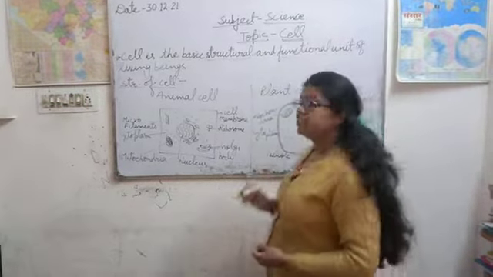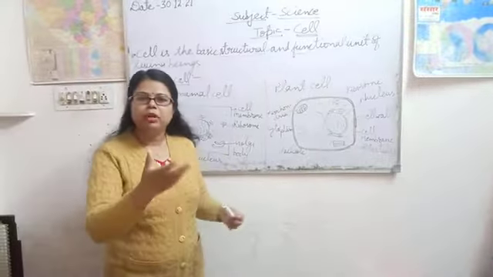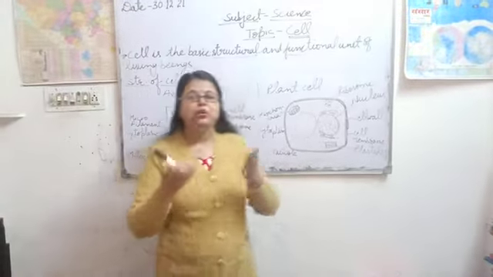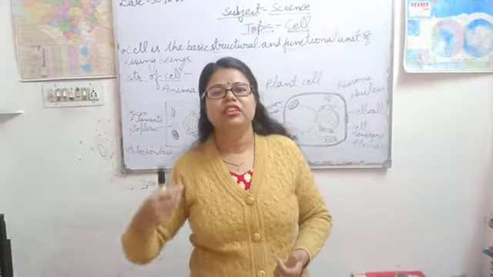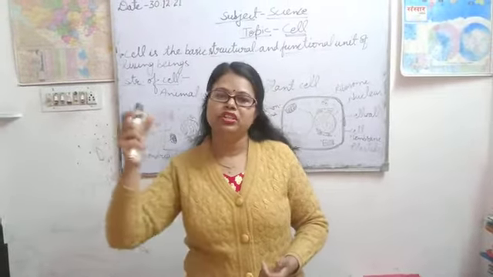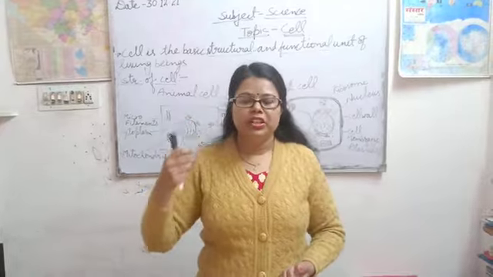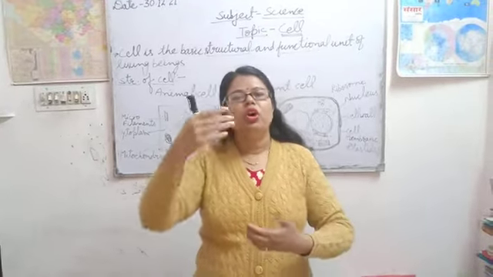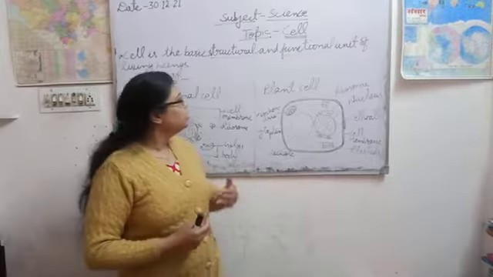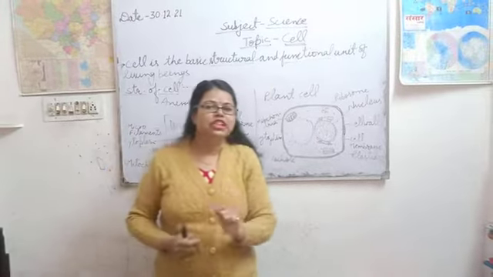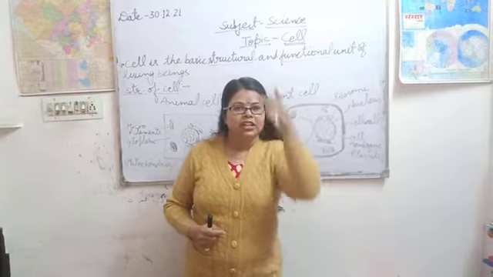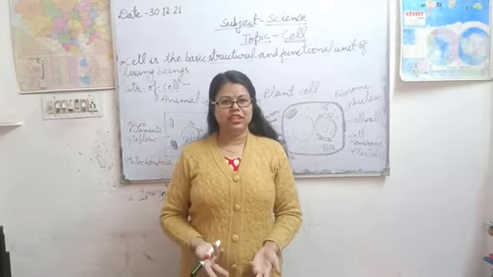Why can we say it is functional? Take one example of the digestive system. When you eat food, your stomach digests the food. There are so many organs: liver, small intestine, large intestine. These organs together make a system called the digestive system, and the function of the digestive system is to digest the food and release the energy.